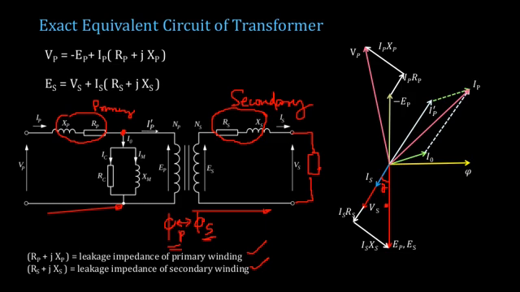And what is the value of this theta? This theta will depend on the impedance of this winding, RS and XS. So this theta will be tan inverse XS by RS. So that will be the value of theta.